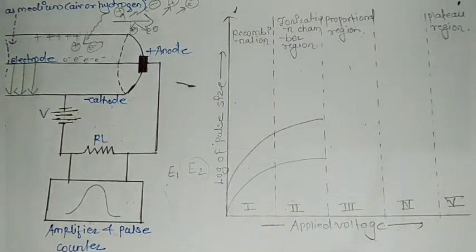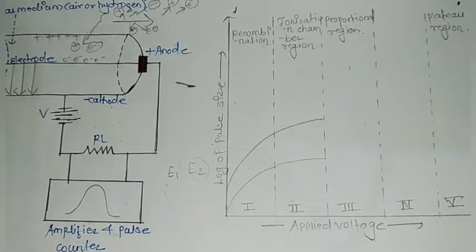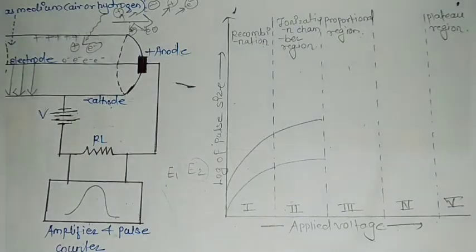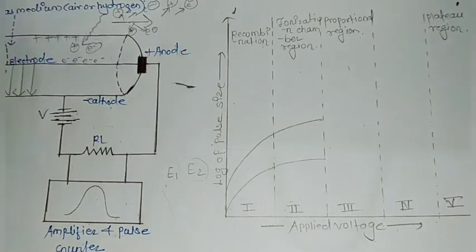However, for greater energy of the incident particle, the current pulse will be greater. In the second region, as you can see here, recombination is near about 0 and the current pulse is purely dependent upon the energy of the incident radiation, and it is not dependent upon any further variations in the voltage of the battery itself. So this region is distinguished by the ionization chamber.